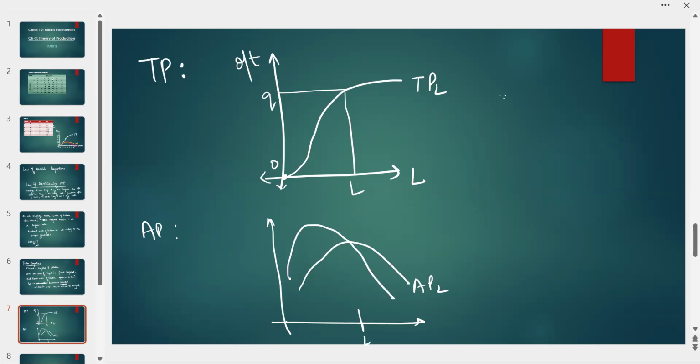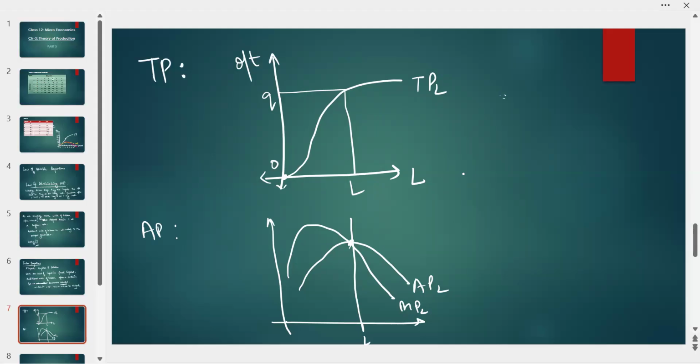At this point where the MP and AP intersect, we see that AP starts falling, right? We will understand that also. As we can see, MP initially rises as the TPL increases, but after a certain point it starts falling.